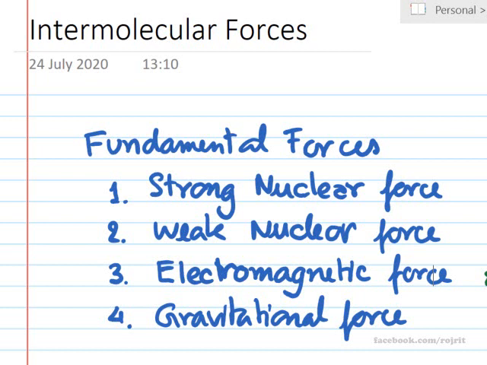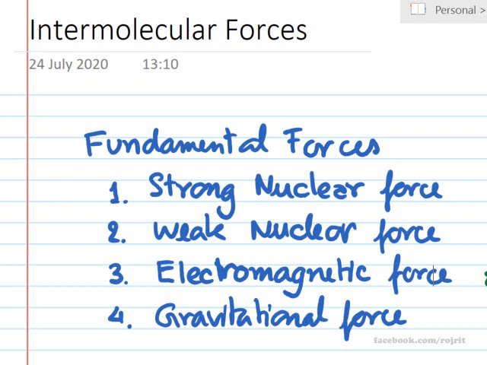Next is called the electromagnetic force. As you know, electricity and magnetism are present together sometimes. If you have heard about the right-hand rules in physics, when a magnetic field circulates around an axis, you are creating electricity out of that.